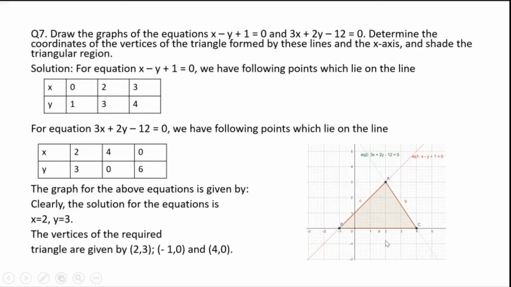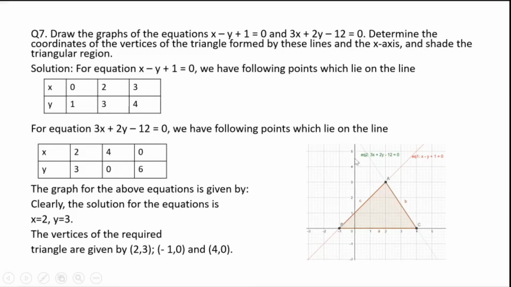Had they asked me what is the area of the triangle formed by the two lines and the line y equal to 0, that means they're asking me about this line only, the x-axis. So again, the same triangle area I would have found out as I told you before. Had they said to find the area of the triangle formed by the two lines and the line x equal to 0, I would have extended this line further and made it intersect the y-axis.